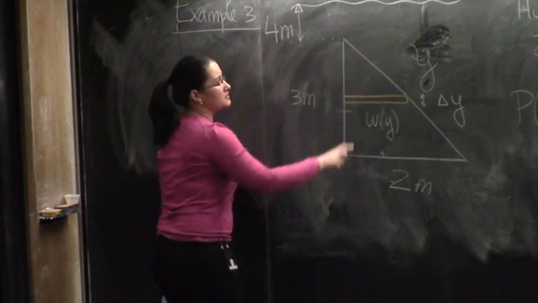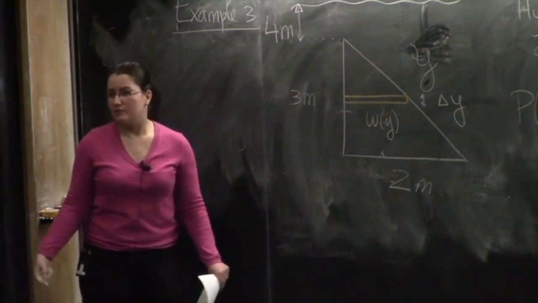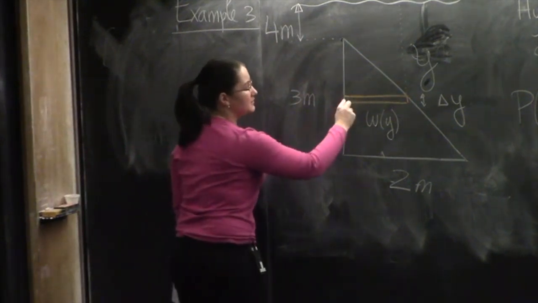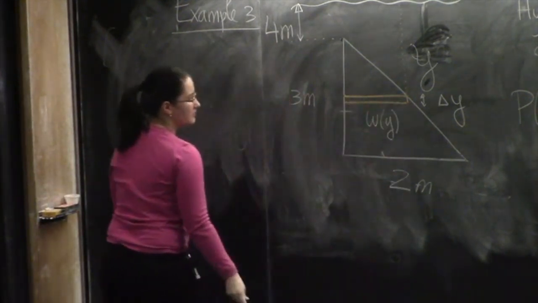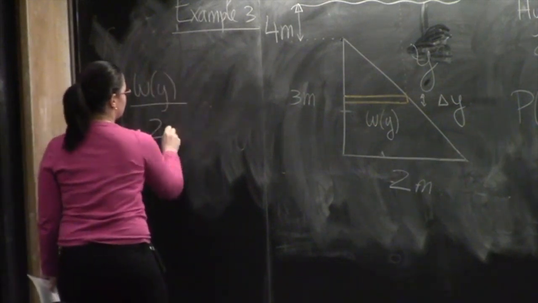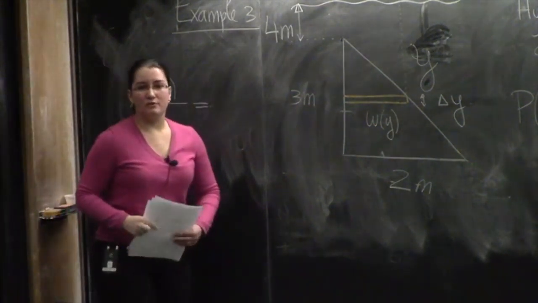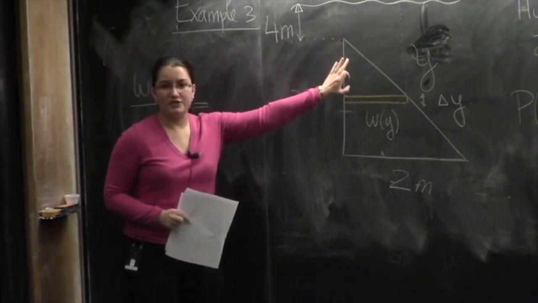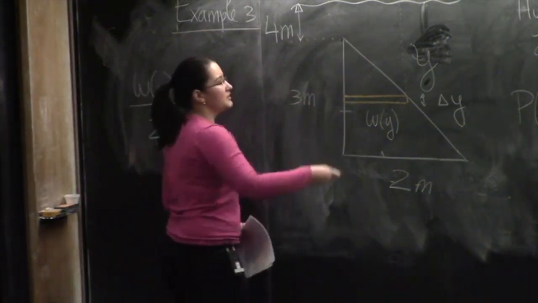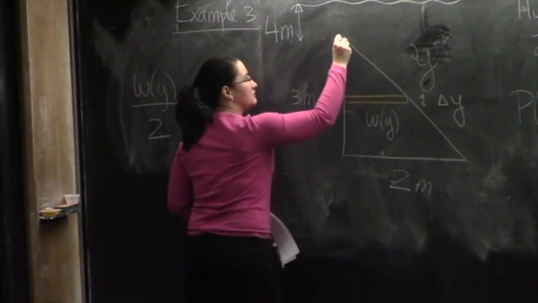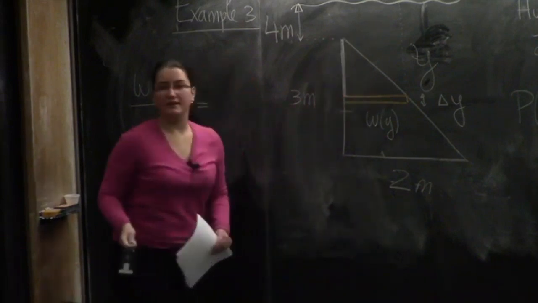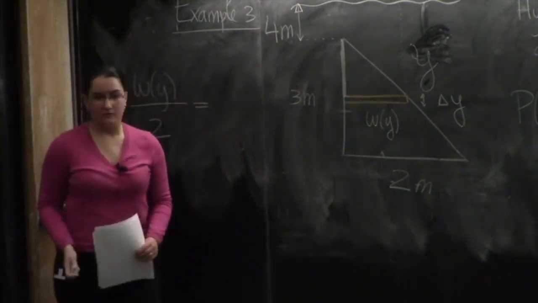So if we were to do similar triangles as before, which we want to do in any case, we have to divide w of y by 2 on one side, but when we write the proportionality relation, we have to take into account the length of this side from here to here, and divide it by the total length of the triangle.